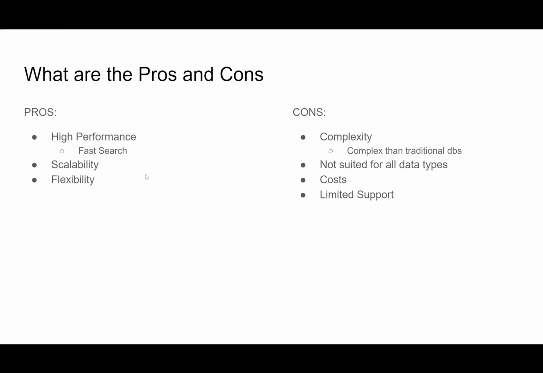Now, what are the pros and cons, of course? Some of the pros here are the high performance aspect, where vector databases can perform queries on large amounts of data very quickly. From that, you'll have a faster search, especially for large data sets.